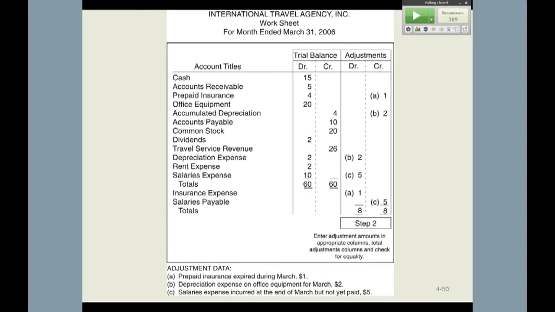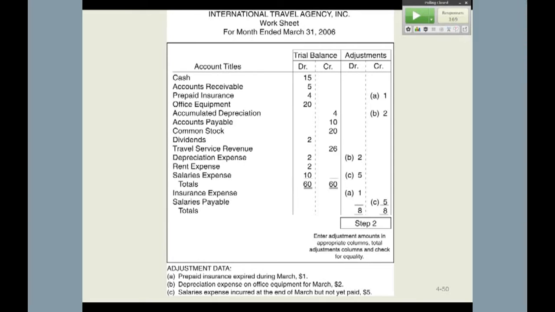Office equipment did not change, and the accumulated depreciation started with a credit balance of 4, and it now has an additional depreciation that's accumulated, and that goes to 6. Accounts payable didn't change, common stock and dividends didn't change as well. Travel insurance revenue is 26. Depreciation expense started with 2. You depreciated an additional 2, and now it's at 4.